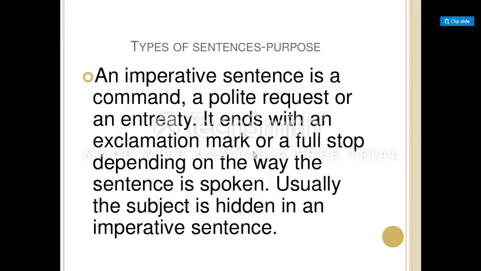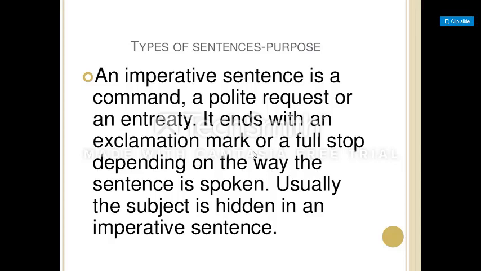There are different grammarians, linguists, who are of the view that there are 5 types of sentences according to purpose. So they add optative sentence into this type.